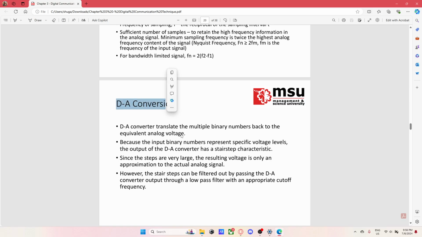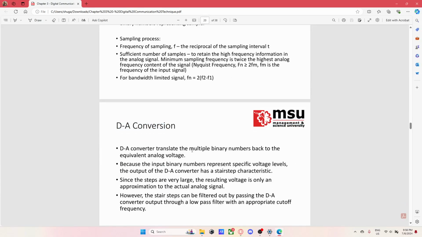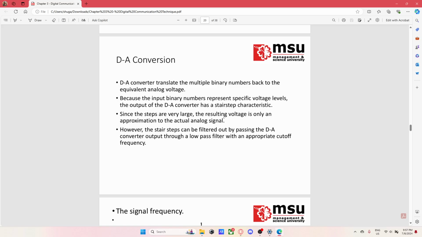So DA conversion is just a reversal of AD conversion. It translates the multiple binary numbers back into the analog voltage. Because the input binary numbers represent specific voltage levels, the output of the DA converter has a stair-step characteristic. Since the steps are very large, the resulting voltage is only an approximation of the actual analog signal.